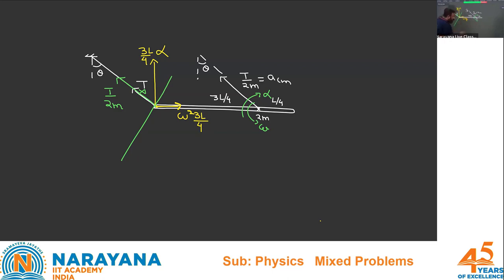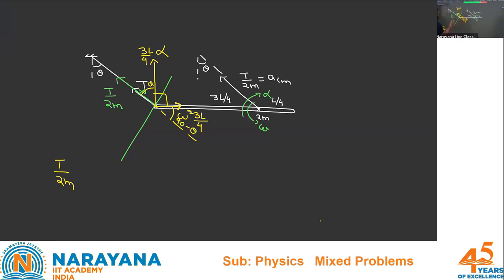But because he is constrained to move by virtue of this string, his acceleration along the centripetal direction. So now I'm writing the main equation. So T by 2m is fine with me. This angle is theta, this is 90, so this is theta, and this is 90 minus theta.